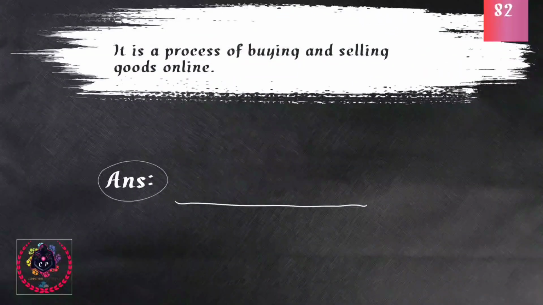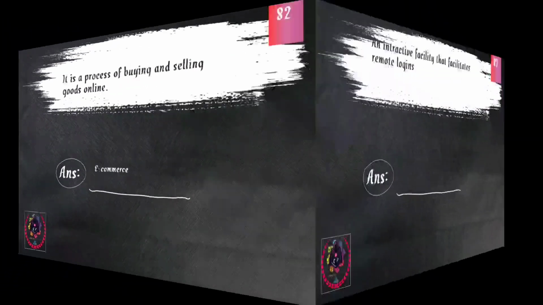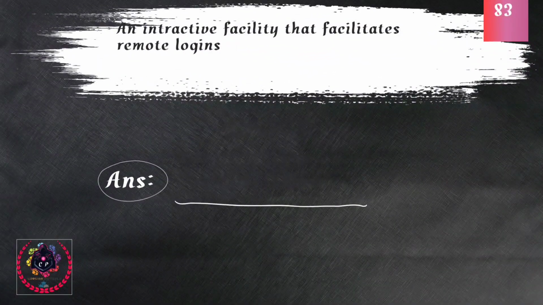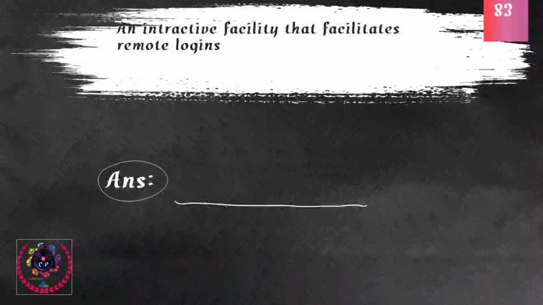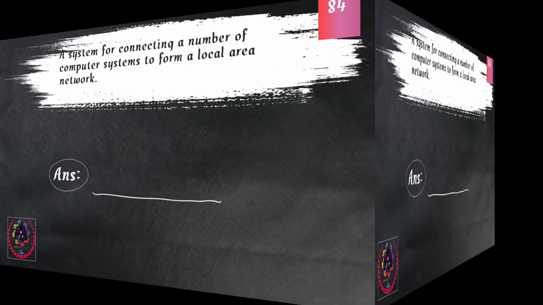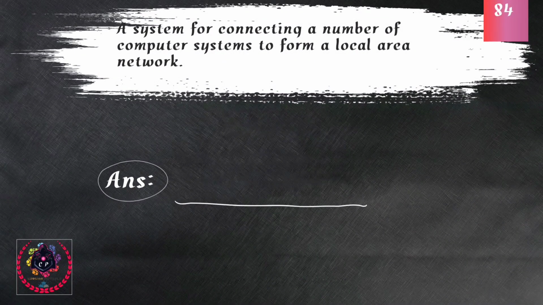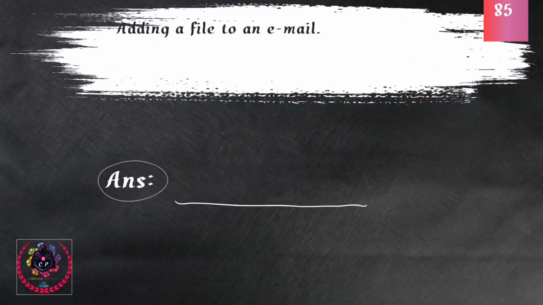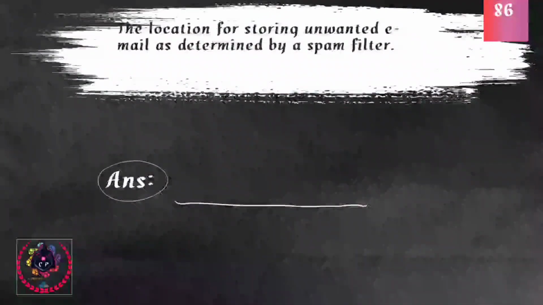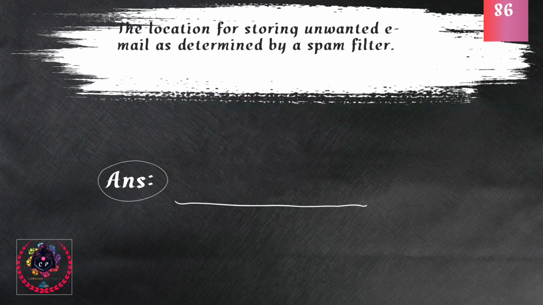The process of buying and selling goods online is called e-commerce. Telnet is an interactive facility that facilitates remote logins. A system for connecting a number of computer systems to form a local area network is called Ethernet.